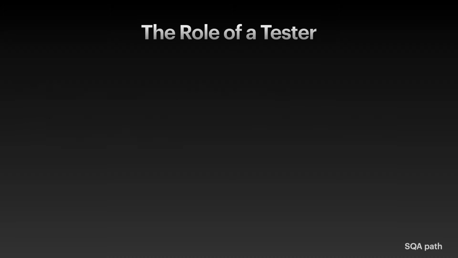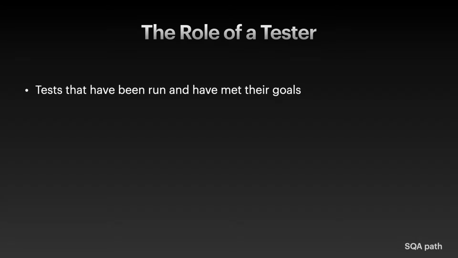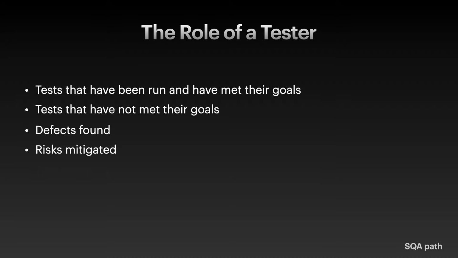Regardless of the name of the role, testers are responsible for gathering information that can be used to assess the quality of the software. This information includes tests that have been run and have met their goals, passed, tests that have not met their goals, failed, defects found, risks mitigated, test coverage in terms of tests executed versus not executed, code covered versus not covered, risks mitigated versus not mitigated, or requirements tested versus not tested, and other information needed by the stakeholders.